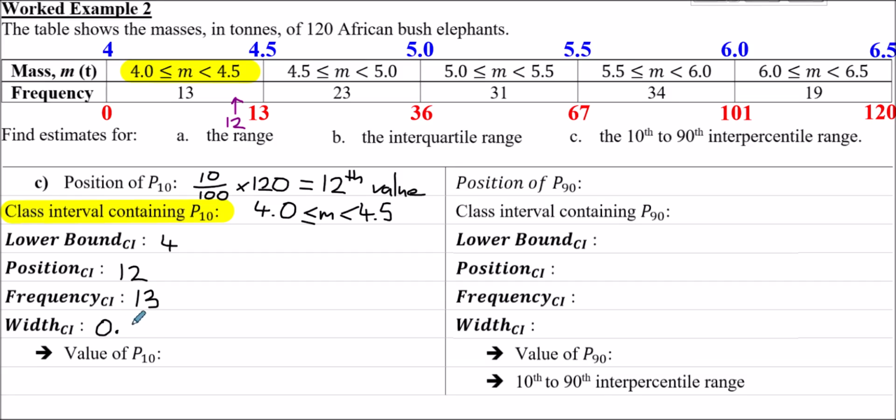We've now got all the ingredients to calculate an estimate for P10. So P10 will be the start of this interval, so 4.0 or 4, depending on how you think about it. Now, P10 is 12 out of 13 values in this interval. So we do 12/13ths of that class width. So 12 over 13 multiplied by 0.5 and calculate what that's going to give us.